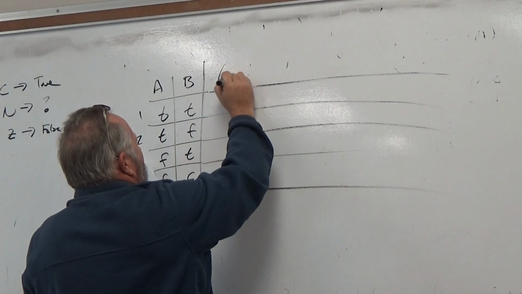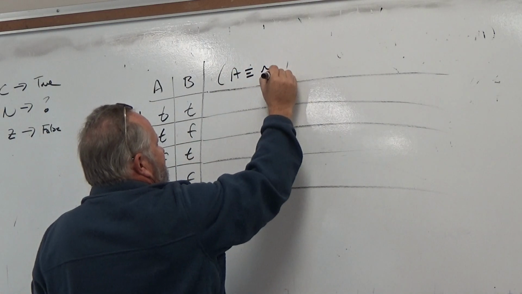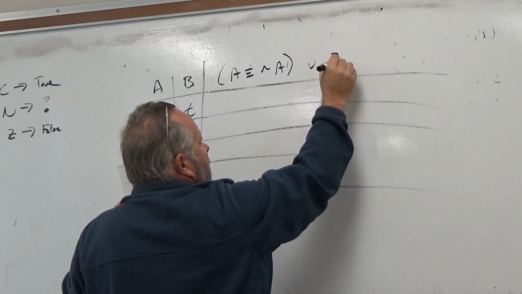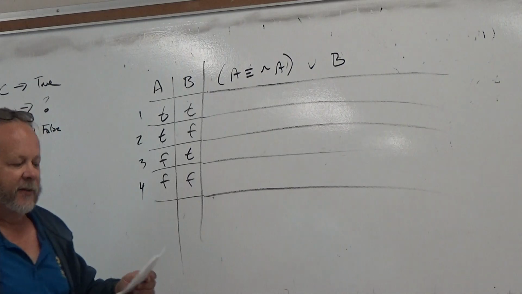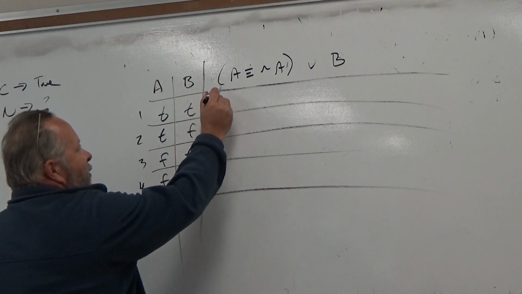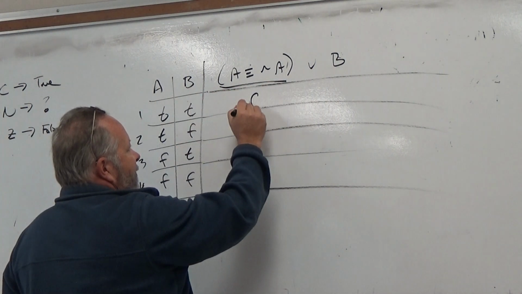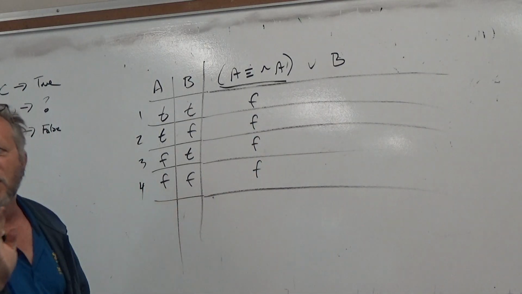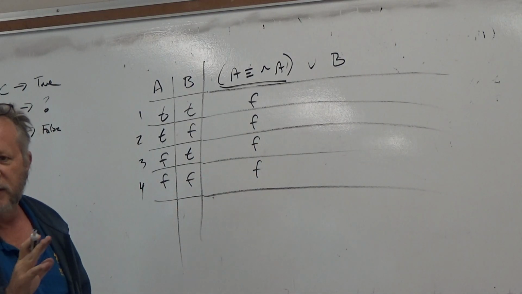So we have A if and only if not A, or B. Now, look, I don't know if anyone noticed, but on number 2, the first disjunct is the same as problem 1. Does everybody understand that? So we already know what this is. It's always what? I mean, we could calculate it again if we wanted to, but I'm going to cheat and be lazy.